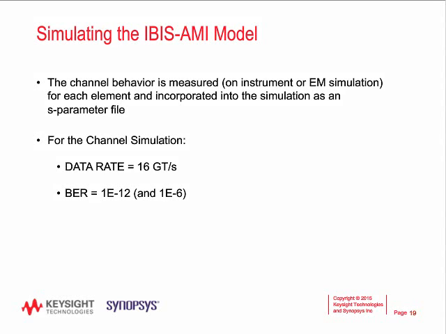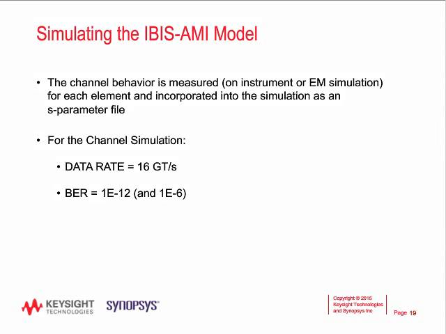It's important to mention that we ran our simulations at 16 gigatransfers per second, which is the highest data rate for PCIe 4. We also did our simulations at 2 BER levels, 10 to the minus 6 and 10 to the minus 12. This is because we did our lab measurements at BER of 10 to the minus 6. However, the spec requires a BER of 10 to the minus 12.